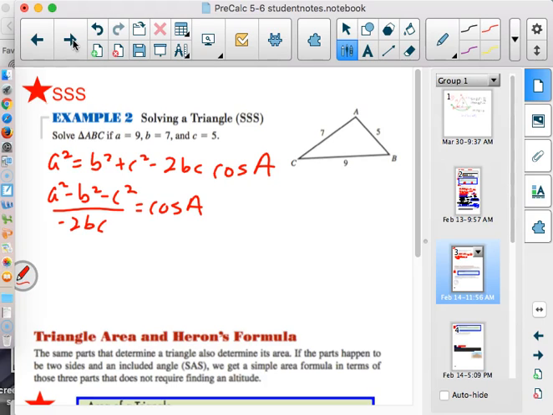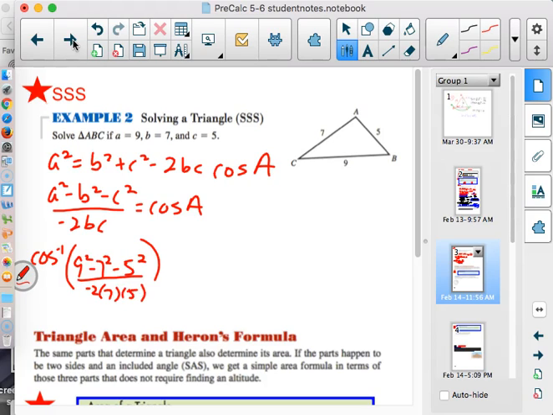You could do it the other way. You could put the numbers in, then move everything over, but like I said, it's just kind of an extra step and a waste of your time. So what we're going to want to do is get the inverse cosine once we put all those numbers in. And we have them either right here or over in the drawing. So we'll have 9 squared minus 7 squared minus 5 squared divided by negative 2 times 7 times 5.